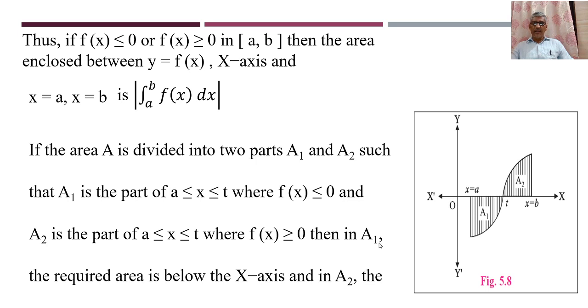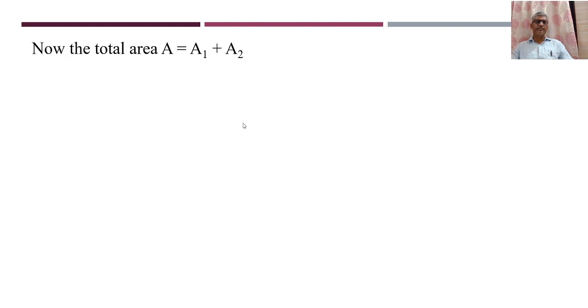Then in A1 the required area is below the x axis, and in A2 the required area is above the x axis. So that is what we have to find. Now the total area is A equal to A1 plus A2.